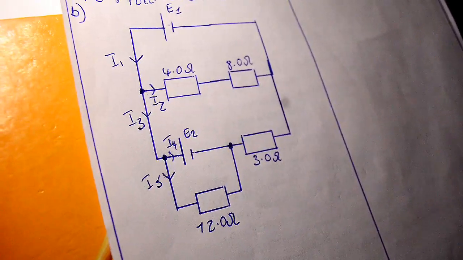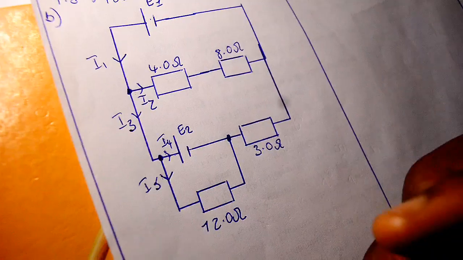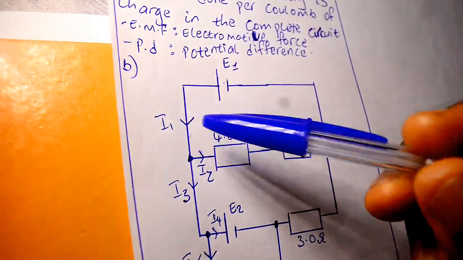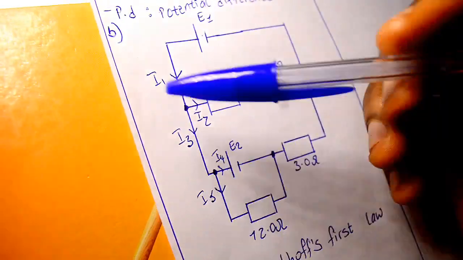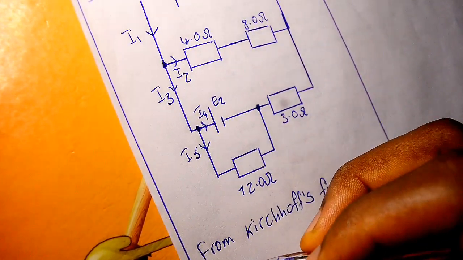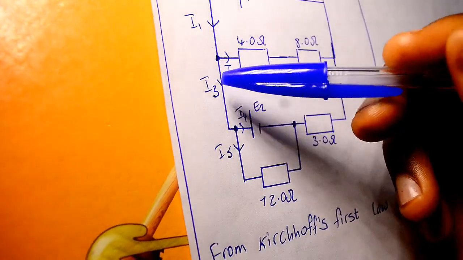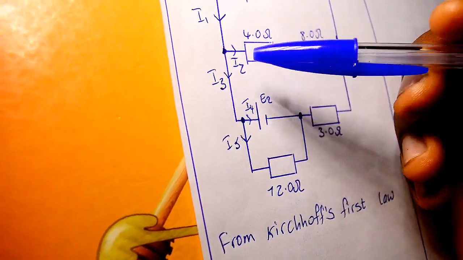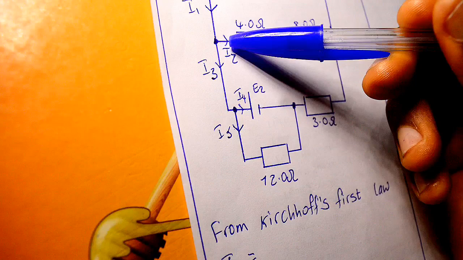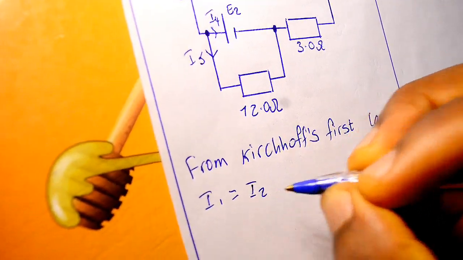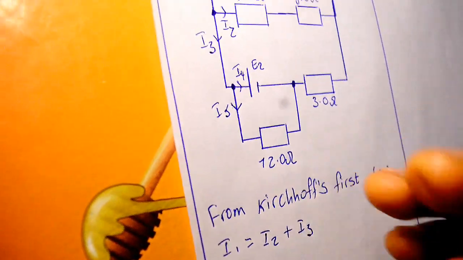So we apply that now by saying this is a junction. Total current entering is I1 equals total current leaving. Total current leaving the junction is I2 and I3, so I1 equals I2 plus I3.